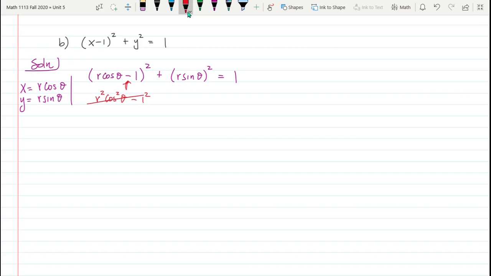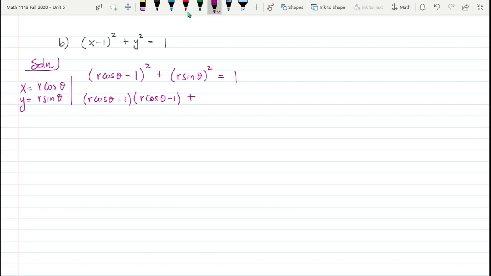It's a binomial, so that's why you cannot do this. So what do we have to do? Well, we have to do the following: r cosine theta minus 1 times r cosine theta minus 1.